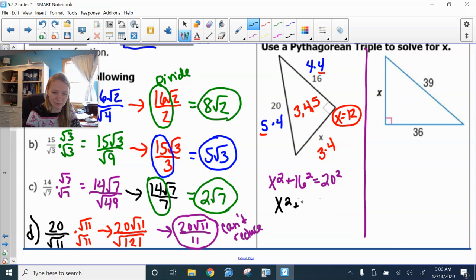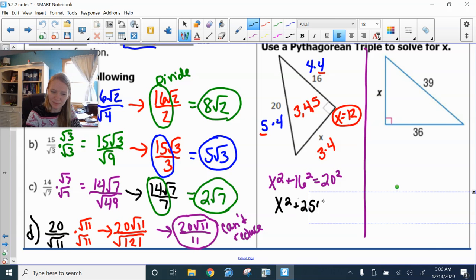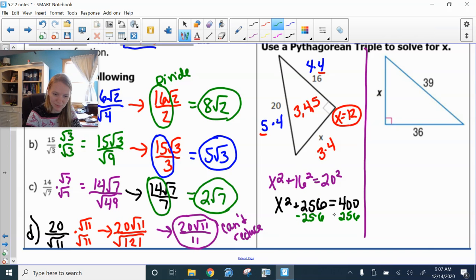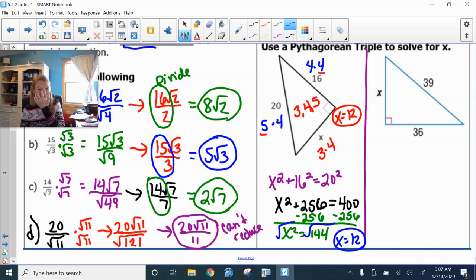That gives 400, and I could subtract, which would give me 144, and the square root of 144 gives me 12. So it's just a different way of doing the same thing. Again, if you recognize the triple, it's faster. If you don't, no big deal.